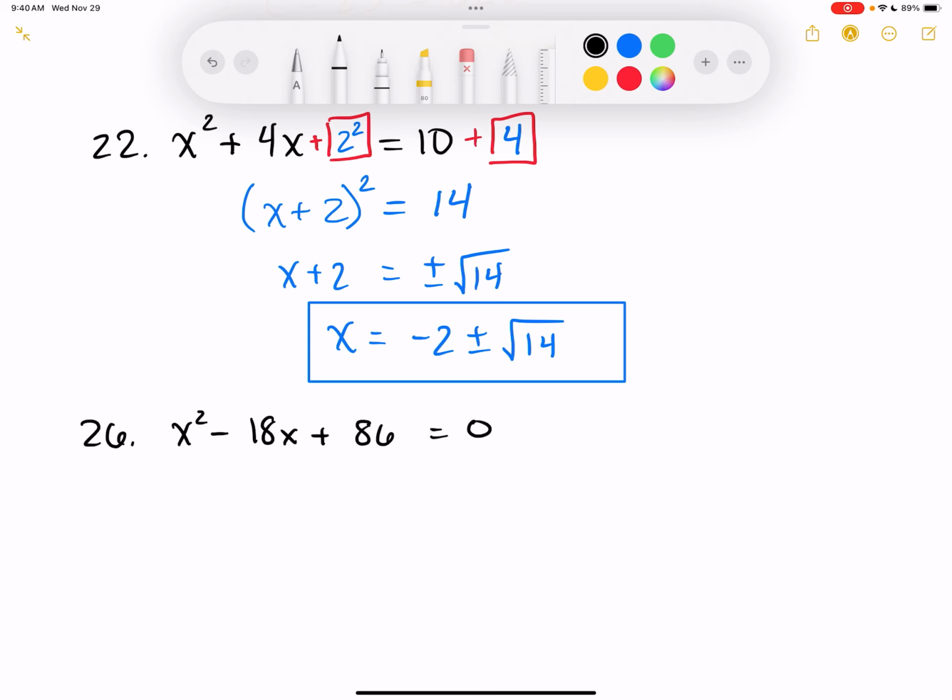If they give it to you like this, you need to move this C value over, because these problems say complete the square, so even if I can factor it, I'm still going to complete the square. Follow the instructions. So, x squared minus 18x, and I go ahead and say plus box, so that I don't forget about it, equals negative 86 plus box.